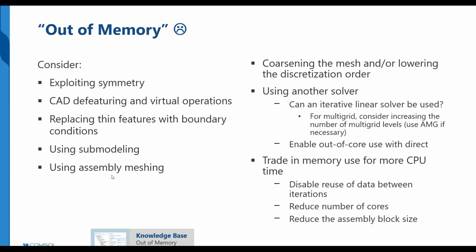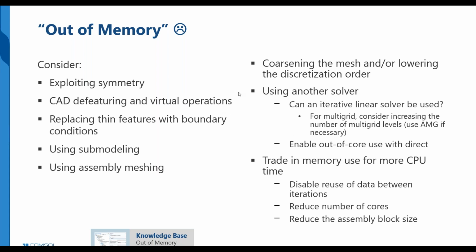Assembly meshing means basically that you mesh the geometrical parts independently and then connect them with coupling operators, and that can be done automatically. But the default way of generating a geometry is by joining parts, and then in the mesh you lose a bit of meshing freedom by doing that. So that's an option.